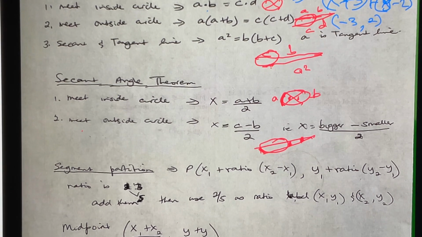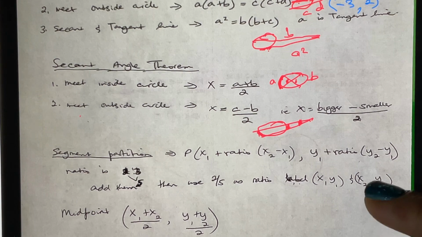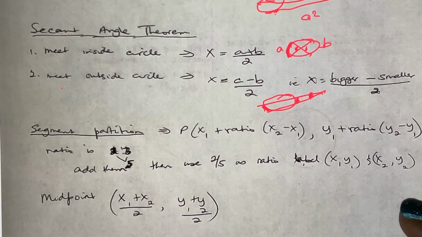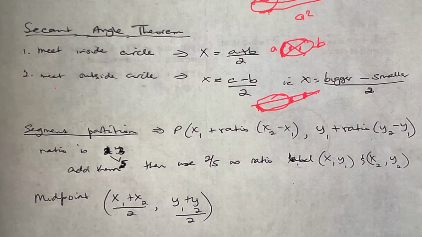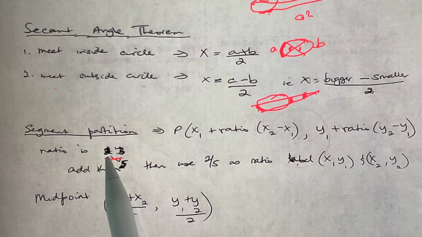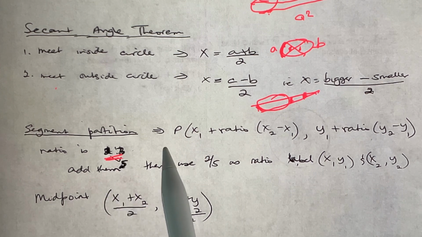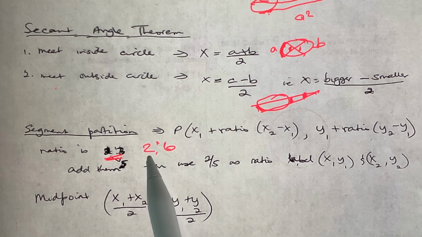Now, in terms of the segment partition problem, let's bring that up closer. With the segment partition problem, this is usually given to you in terms of, say, a ratio, a 2:3 ratio, or it could be any other value. So first thing you have to do is add whatever ratio they're telling you that segment is cut into. So add it, you get your number. If it was, say, for instance, 2:6, you have to add these two, you get 8, and you're going to take the first portion.